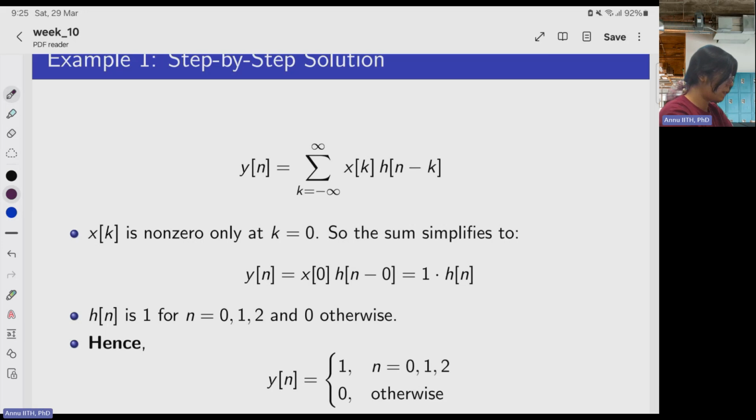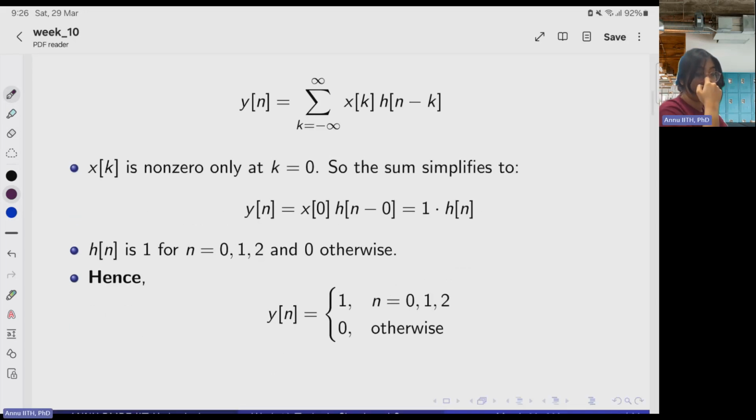So I hope it's clear. So s[k] is non-zero only at k equals 0. By following the simple formula, what output are we getting?